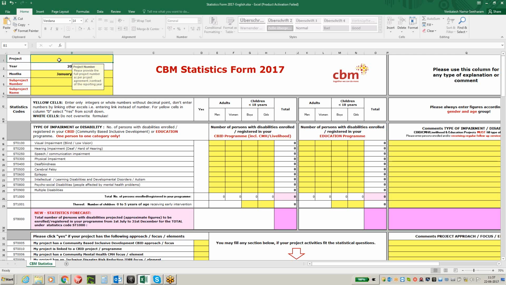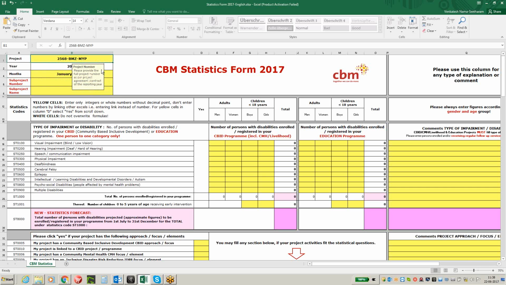Here, if the project number is something like 2015/2017, or something like 2568-BMZ-2017, or MYP, they have to fill in the full number.